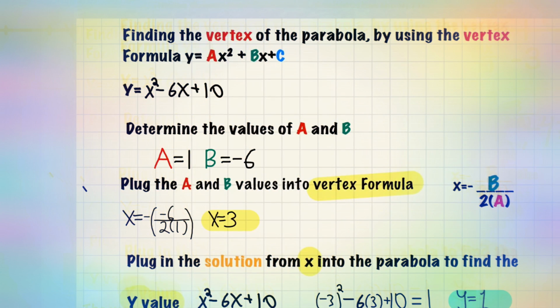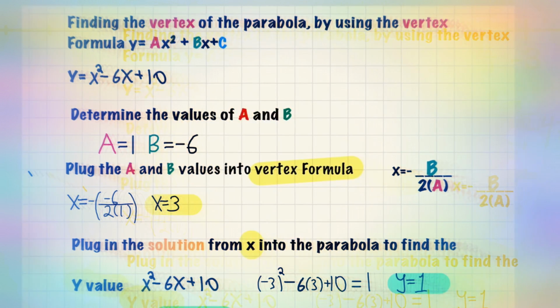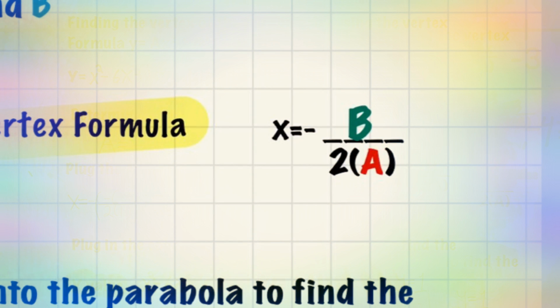So to use the vertex formula to find the vertex in this general form, we find the a value and the b value. We take those values and plug them into the x formula, x equals negative b divided by 2a.